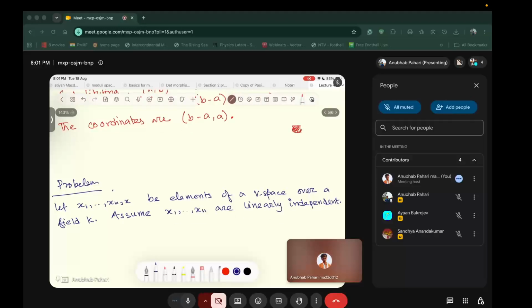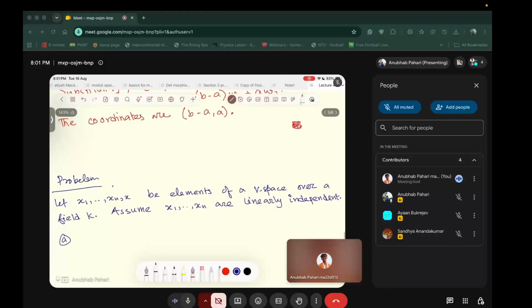Then the first question you should try is that the family x1 up to xn and x1 plus up to xn is linearly dependent.